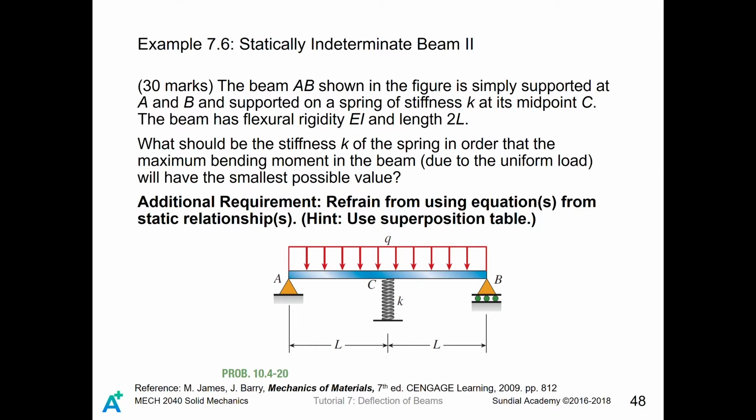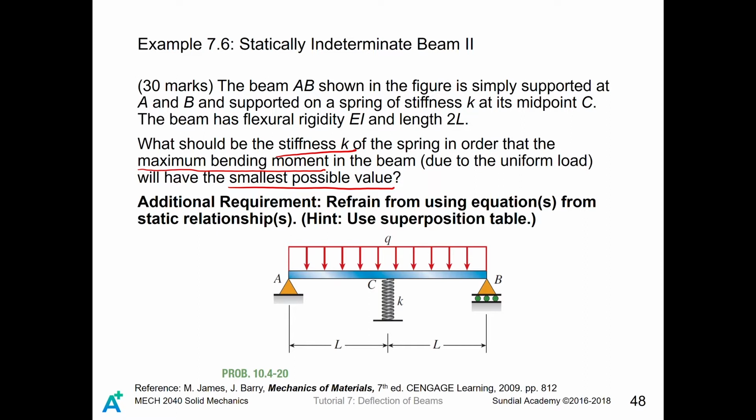So what should be the stiffness K of the spring in order that the maximum bending moment inside the beam will have the smallest possible value? And the requirement we set is that we are not going to use anything about statics. To repeat, we are going to minimize the maximum bending moment inside the beam.